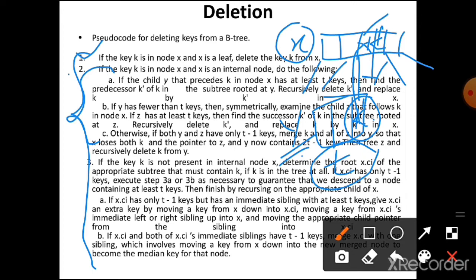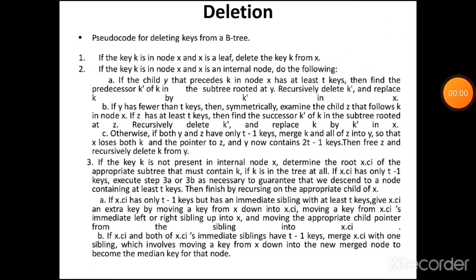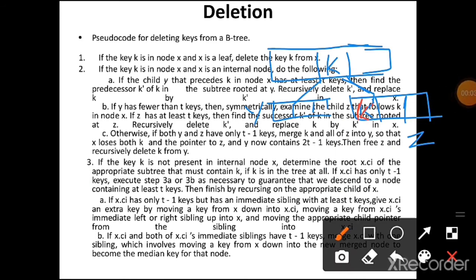The second case: if Y has fewer than T keys, lesser than T keys, then symmetrically examine the child that follows K in the node X. This is the node Z, and we find the successor of K, that is K dash.